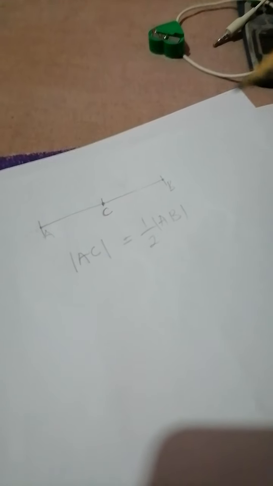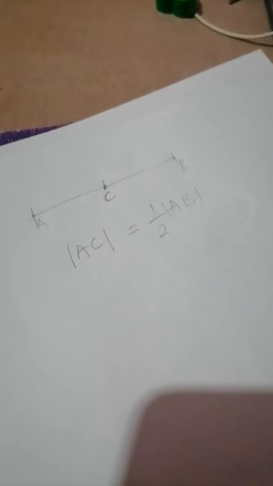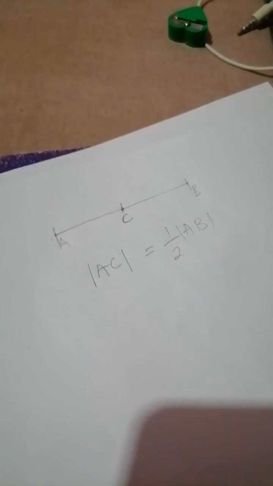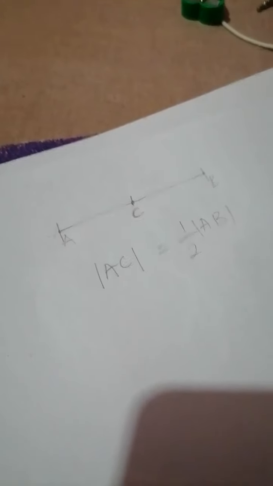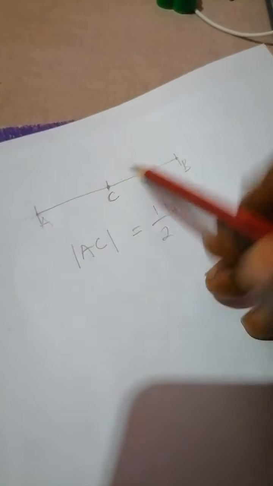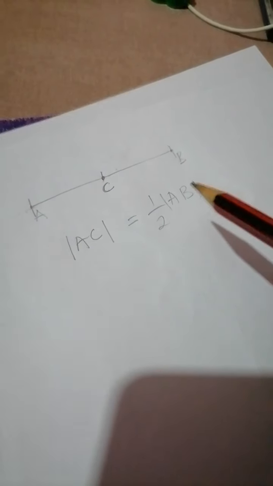So the understanding of the midpoint gives you the mathematical understanding that AC is half of AB, or you can say the line AB is 2 times the line AC. So the length of the line AB is twice the length of the line AC.